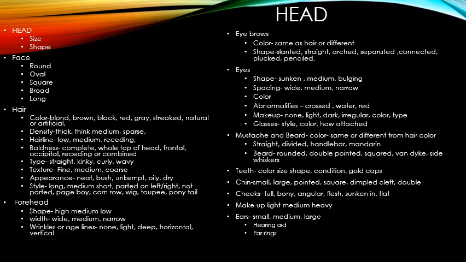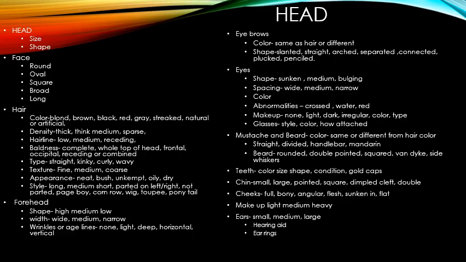Your forehead. Shape, high, medium, low. Width, wide, medium, narrow. Wrinkles or age lines, none, light, deep, horizontal, or vertical. Your eyebrows, the color, same as the hair, or is it different? And shape, slanted, straight, arched, separated, connected, plucked, or penciled. Eyes, the shape, sunken, medium, bulging, spacing, wide, medium, narrow.